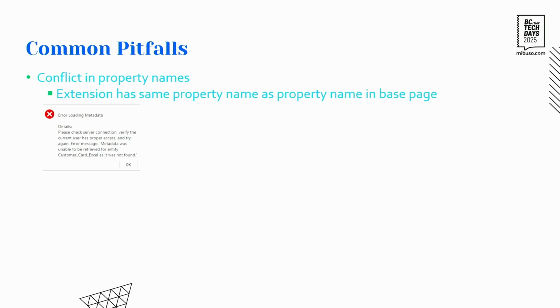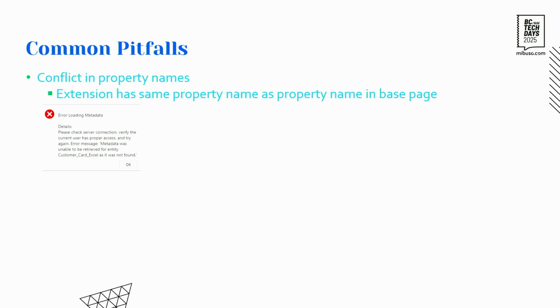And why it happens is, as I mentioned in the previous slide, there was a problem while you were adding the entity in the metadata model. And in most cases, the reason is you have an extension where the property name of some page actually conflicts with the property name mentioned in the base page.